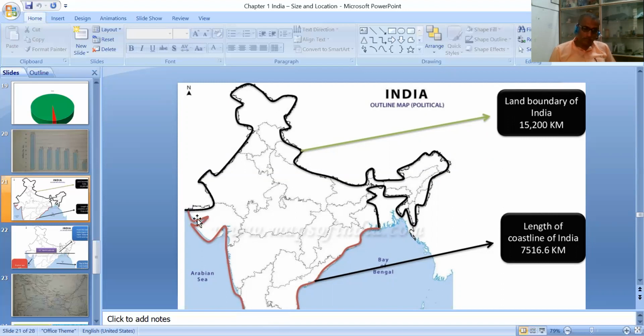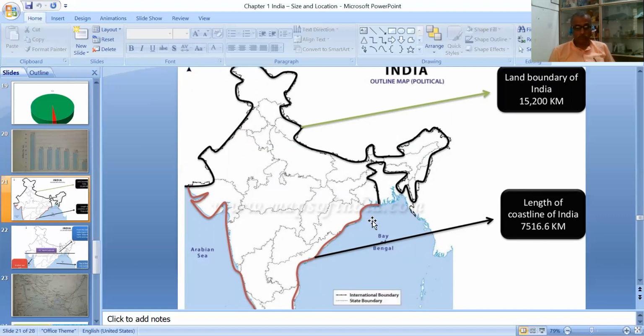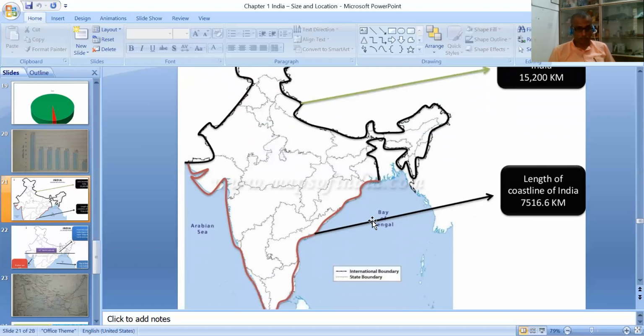The boundary marked with brown is nearly 7,516.6 kilometers of coastline. It is a very important position, and one of the longest coastlines we own in our country. Why and how it is useful, we will understand later.